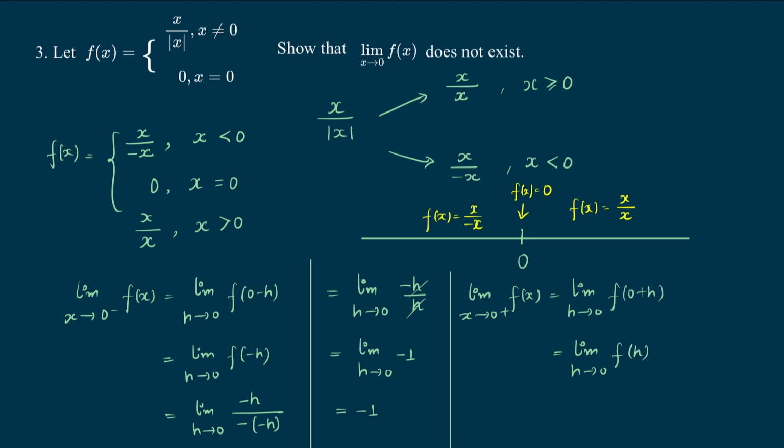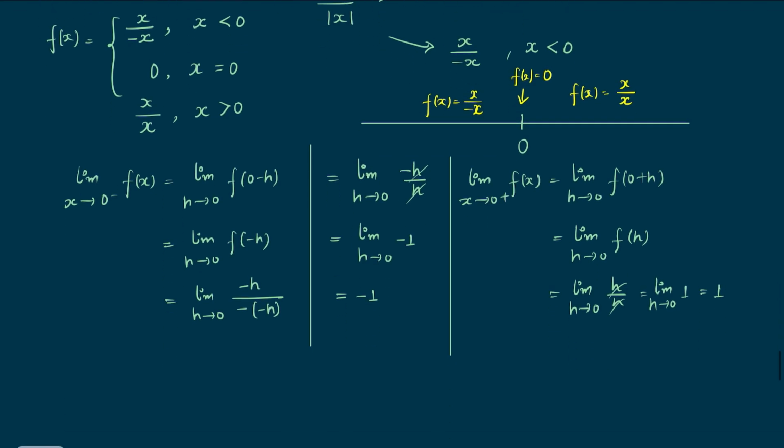Now since we were approaching 0 from the right hand side, this particular time we have the function as x over x, and hence we will have limit h tends to 0 h over h, and h gets cancelled, so we will remain with 1, and my right hand limit has come 1.